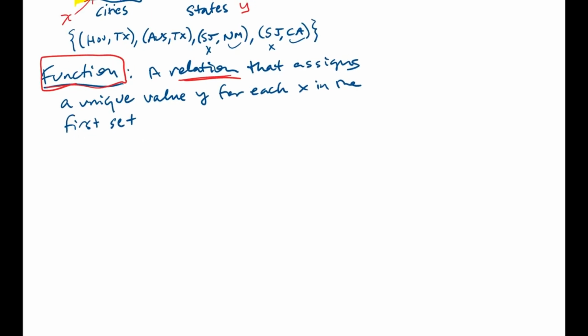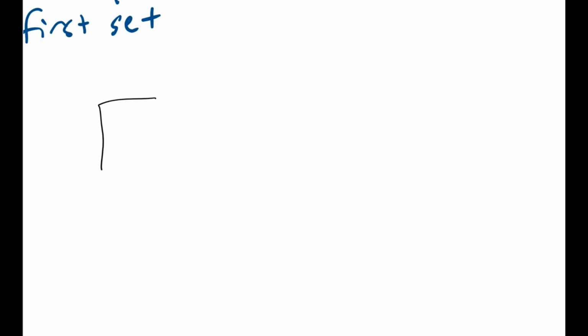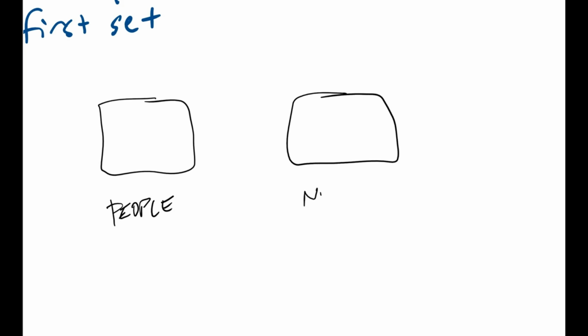So what happens with a function is you could have, let me draw this a little different. You could have a set of people, and let's say these are numbers. Okay, and so suppose the function says, what is the age of each person?